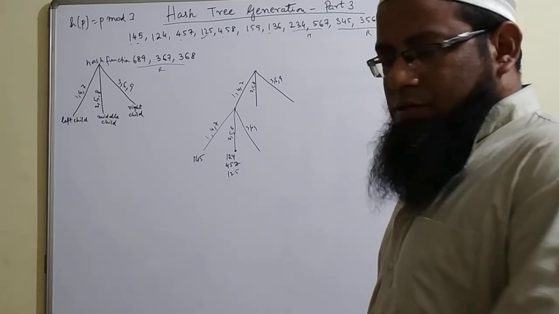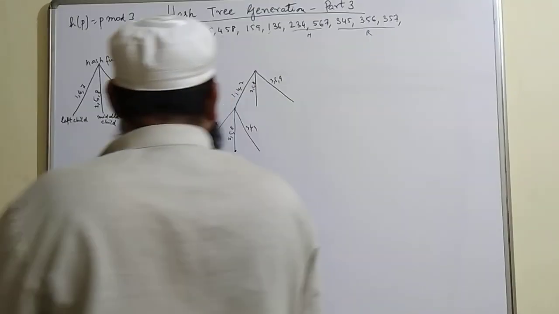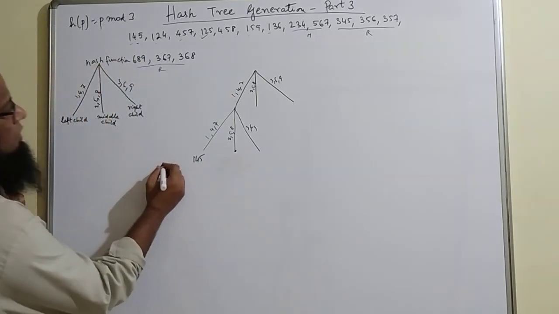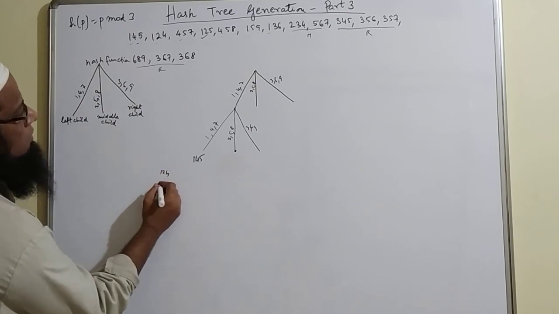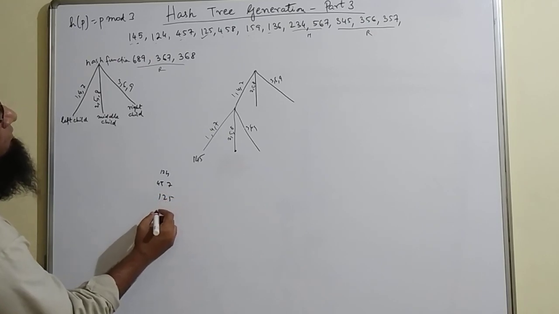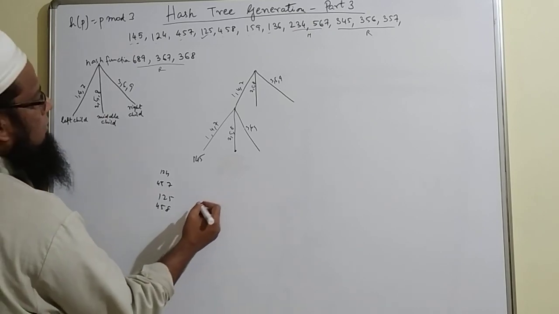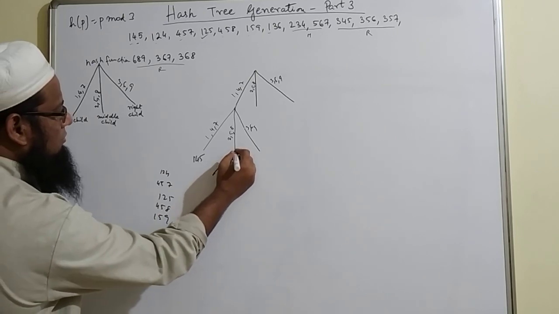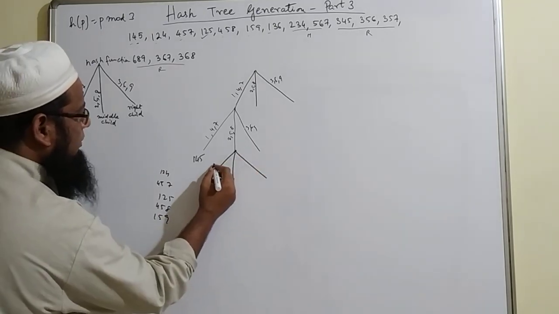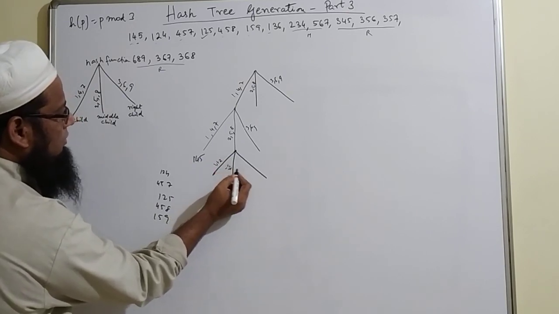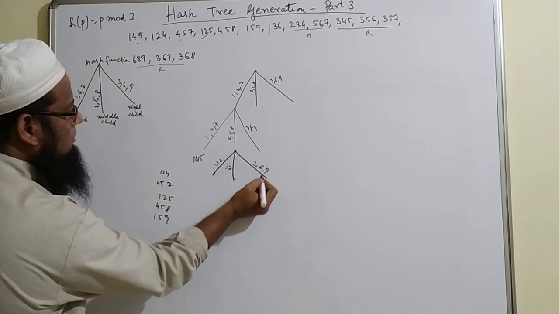So what we are going to do is write these numbers: 124, 457, then 125, 458 and 159, and we divide this into 3 parts again, and each part will again be 147, 258, 369.